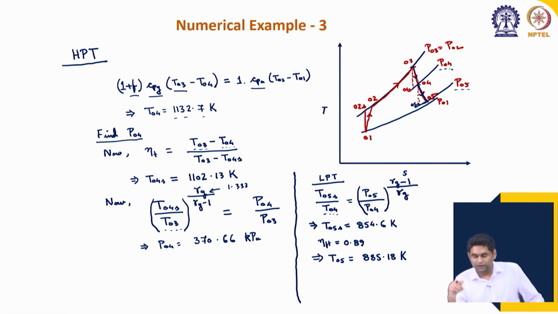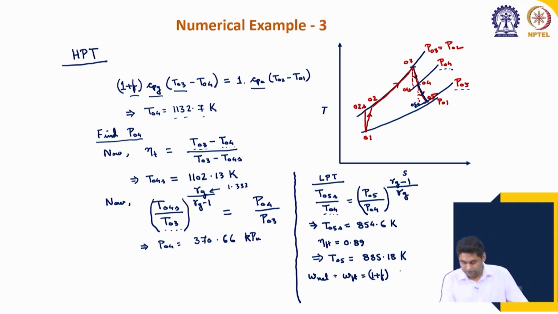Now, we can calculate the net work output. Net work output is the work output from the free turbine. So, this is equal to (1 plus F), remember the mass flow rate is still 1 plus F, per unit mass flow rate of air, into Cp of gas, into (T04 minus T05).